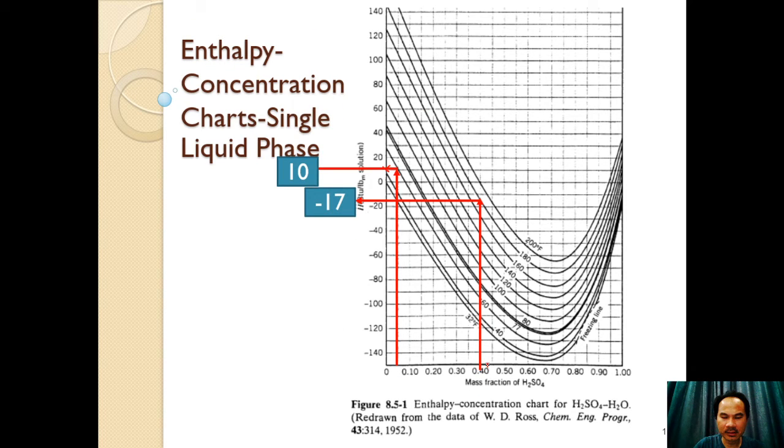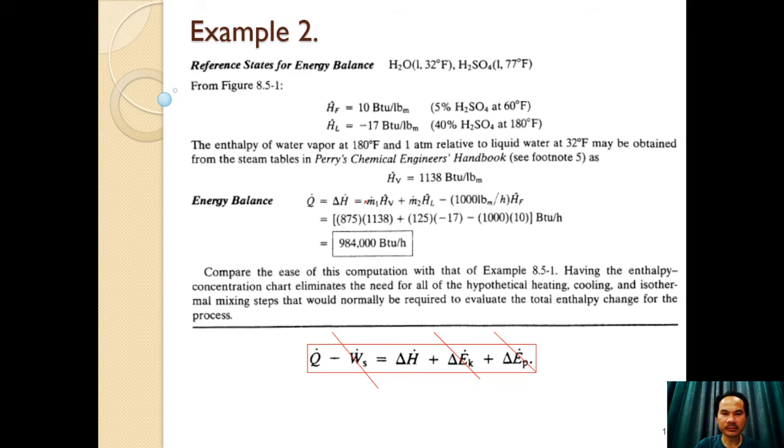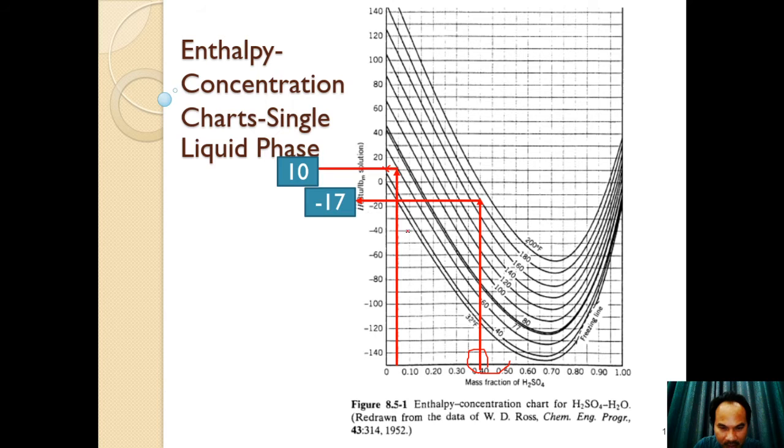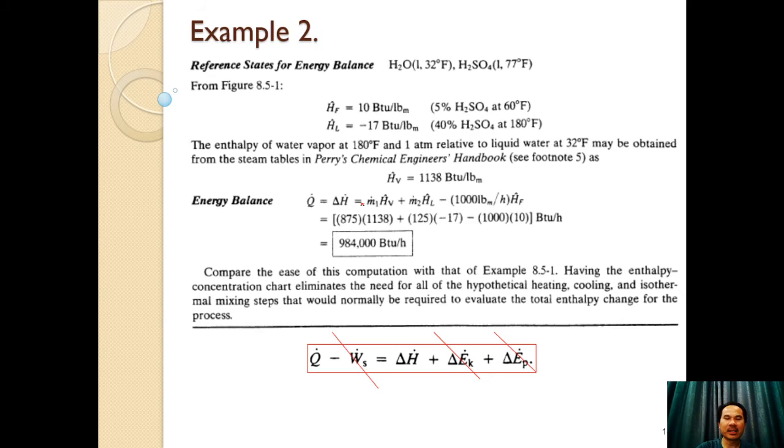The vertical line contacts about minus 17, okay, sorry, about minus 17. This is minus 20, this is minus 10, and this is about minus 17 BTU per pound mass. You get SF, SL.